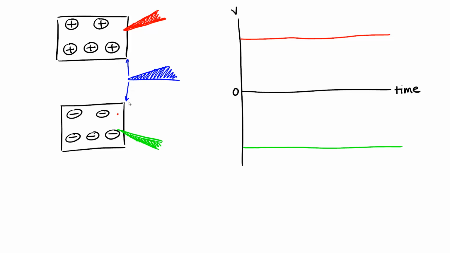Well, in that situation, since the electrode is an equal distance between the positive and the negative charges, it's going to see them equally, and so it will balance them out. And it will detect a voltage of 0, because to this electrode, there's really no difference in what it's seeing compared to what the negative electrode sitting in its neutral solution is seeing.